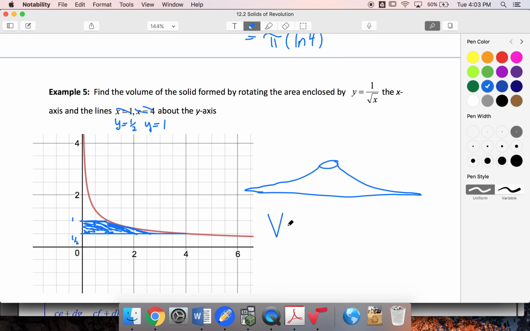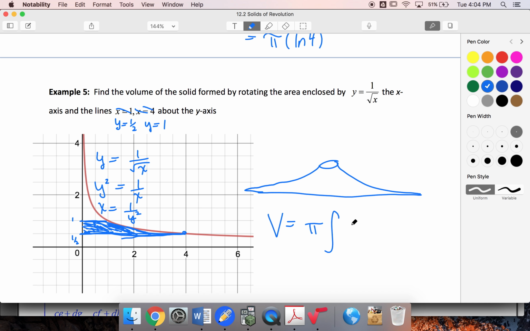So this time my volume is pi integral. Now my radius is given by my different x values. So if I think about this equation, I've got y equals 1 over root x. Well, y squared then is 1 over x, so x is 1 over y squared, and that's my equation looking this way.